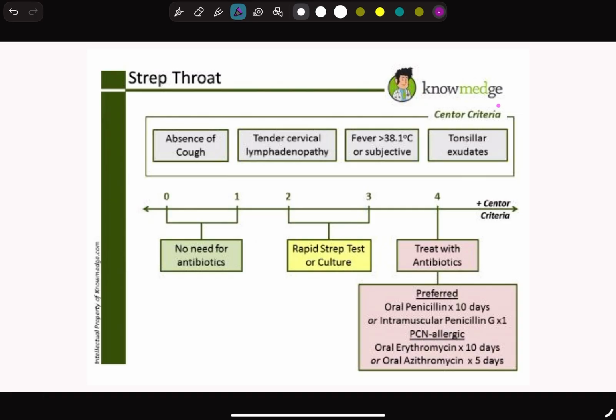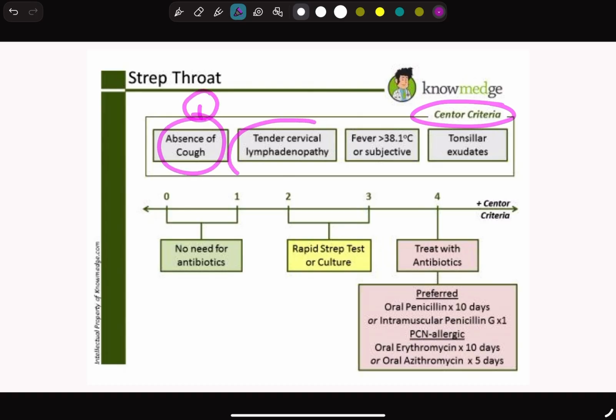So we've got some criteria which is called Centor criteria, and it basically will tell you whether it's viral or bacterial. So do we actually start antibiotics or not? So it has 4 points. If there's no cough, that's 1 point.